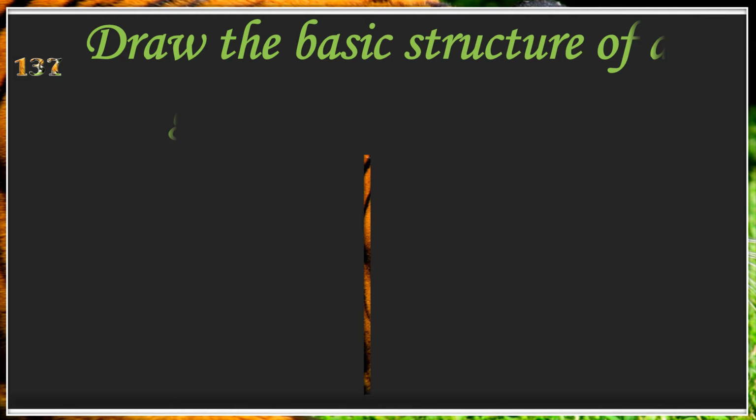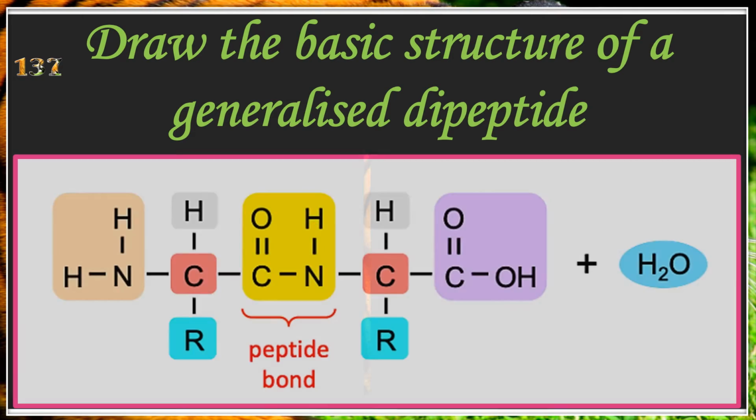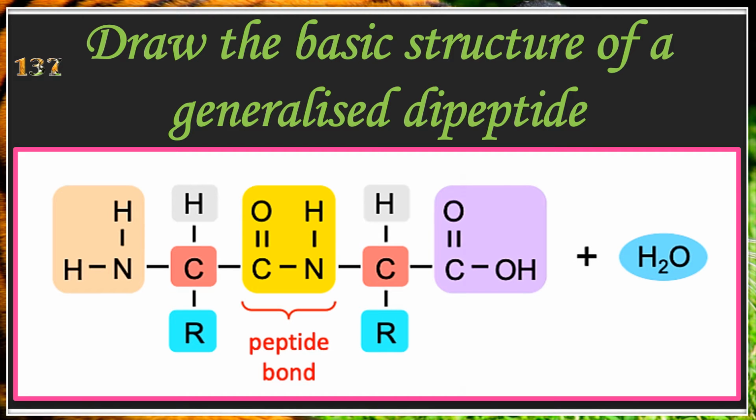Draw the basic structure of a generalized dipeptide. Now, when you look at the structure of a dipeptide, there are 2 amino acids joined together, one on the carboxylic end and another on the amine end.